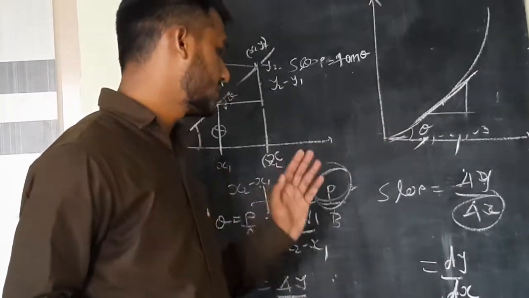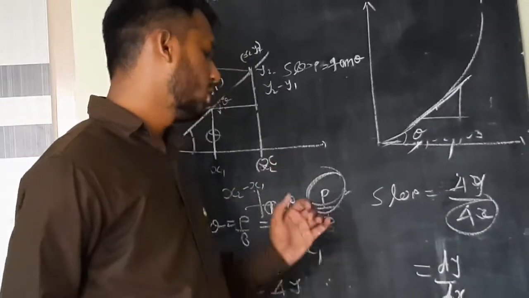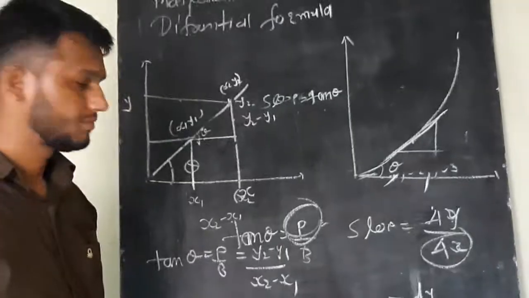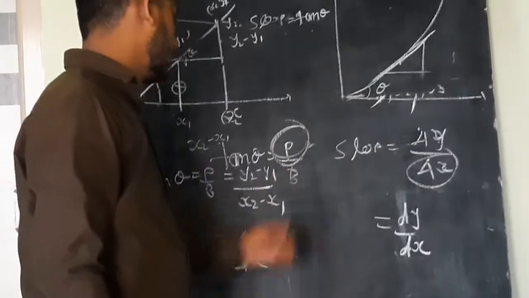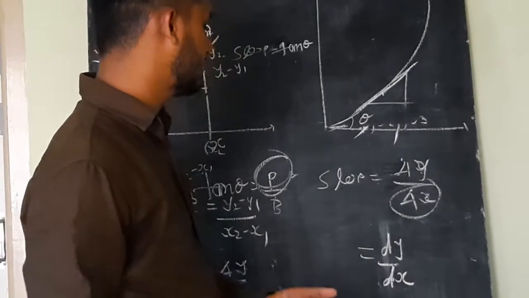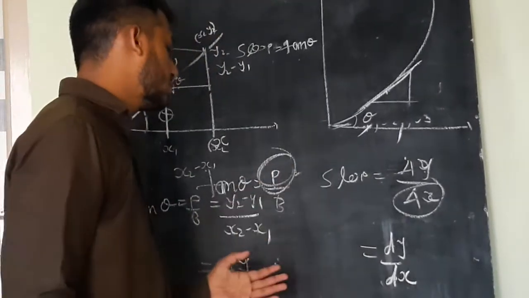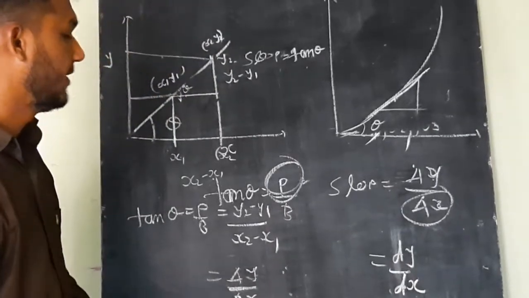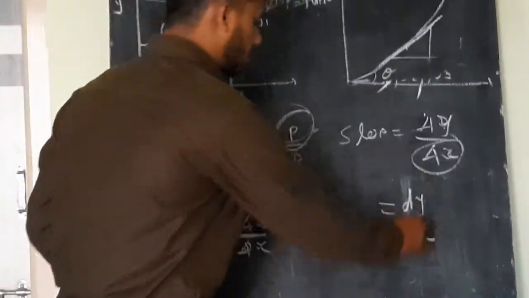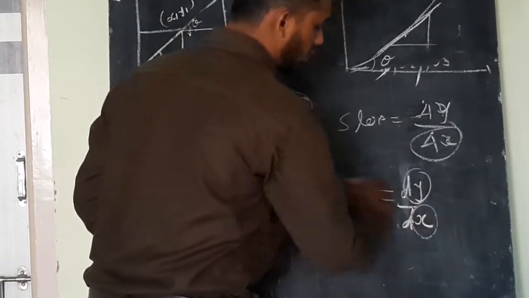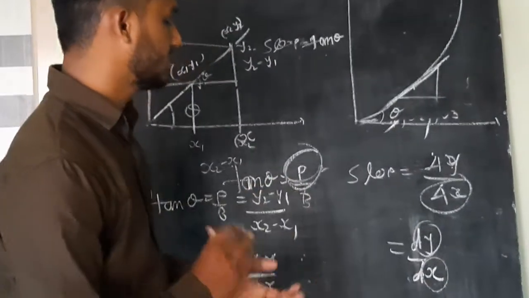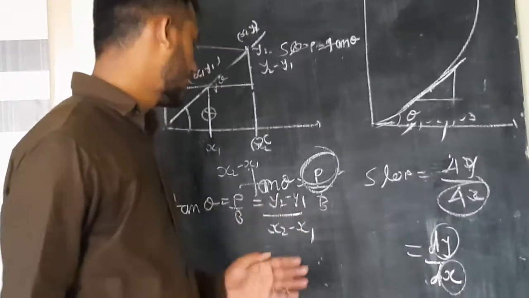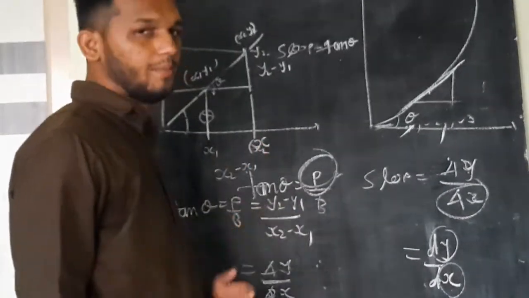So this gives us the value of dy by dx. dy by dx tells us the rate of change of y with respect to x. So it gives us the differentiation of y with respect to x. This is our basic idea of differentiation.